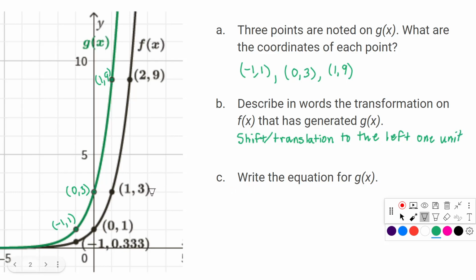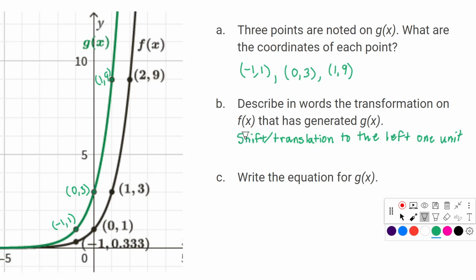But you might also see that each of these points on g of x is directly above a point on the graph of f of x, the black curve. And if you take a look at the y values, the y values of g of x are 3 times the y values of f of x.